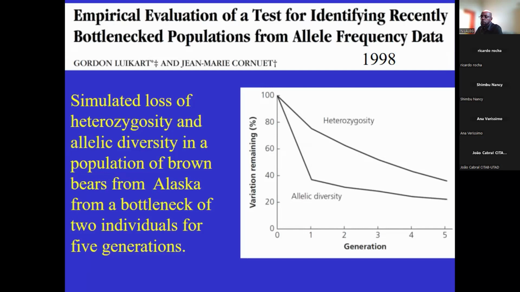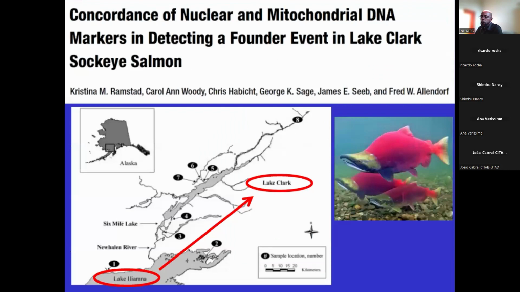These are some simulated data that they did, taking microsatellite data from brown bears in Alaska, with the same kind of plot, amount of variation remaining over time, over 5 generations, for a bottleneck of 2 individuals. So again, allelic diversity is much more sensitive in general to bottlenecks than heterozygosity. And this is one application of that test that they came up with, which is still being used in the literature.